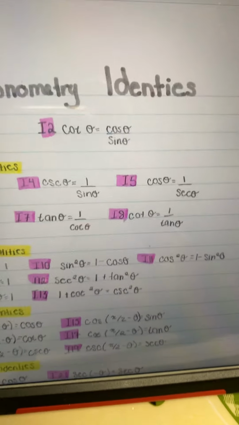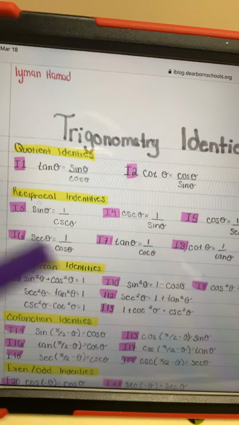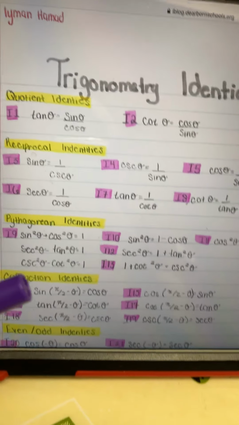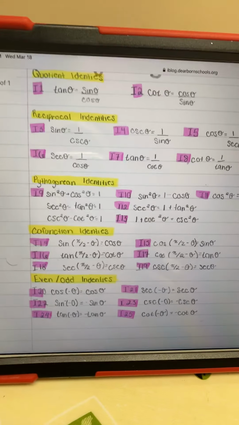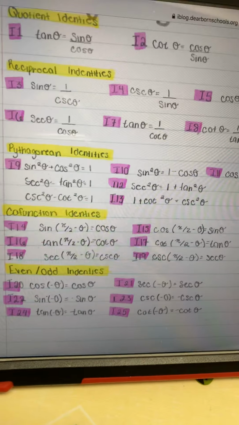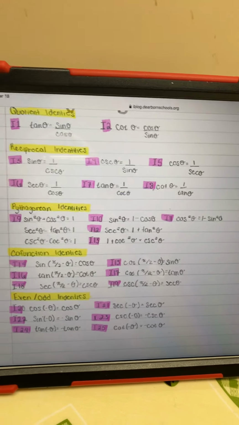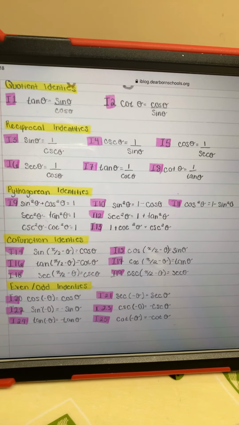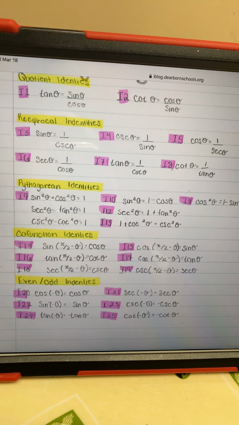So if you guys see I1, identity 1, I2, I3, I4, and so on. So as we're doing the practice problems, when I tell you I'm using identity 12, right away you know which one I'm talking about. This is like a common language for all of us. So this is strongly recommended. I put this sample on the blog.